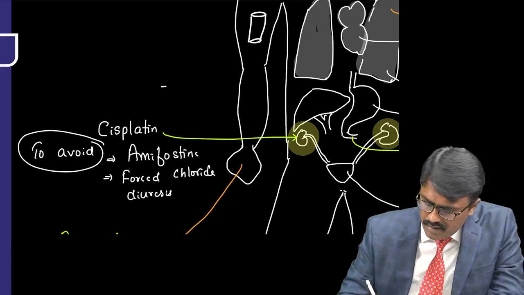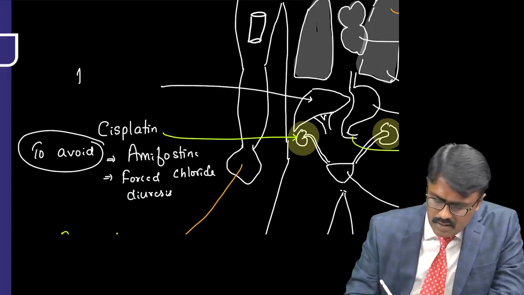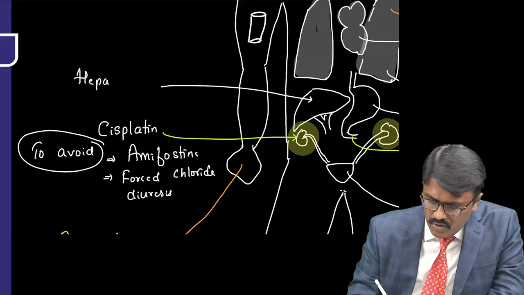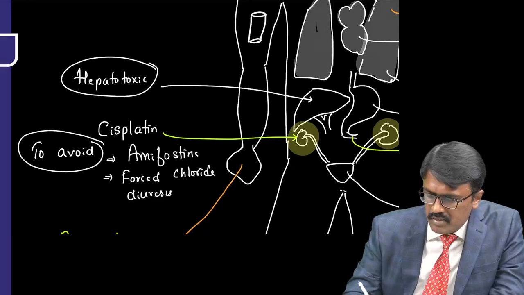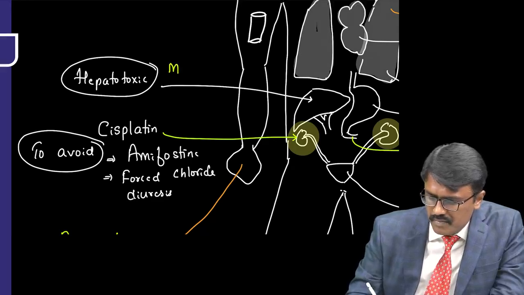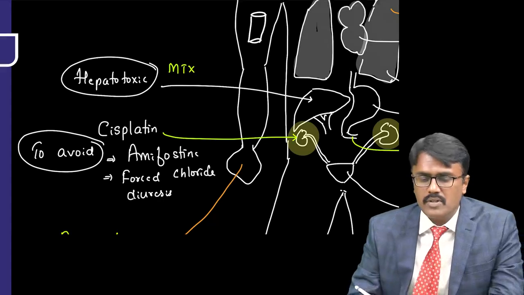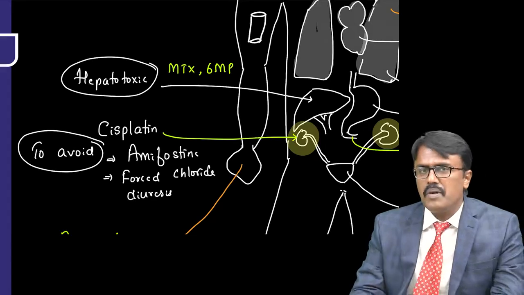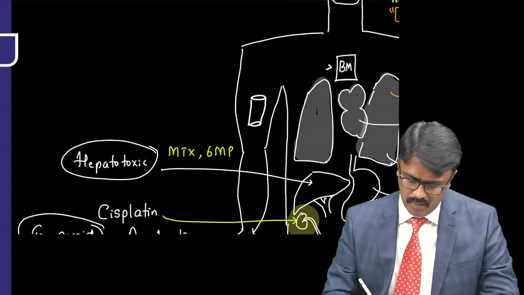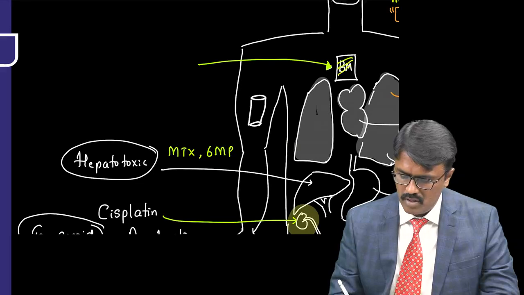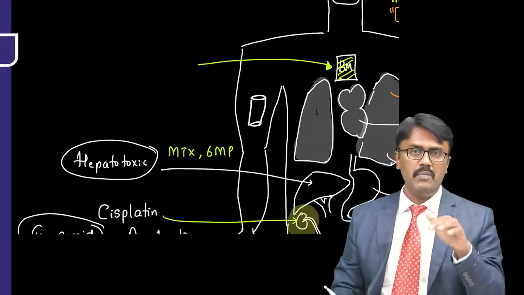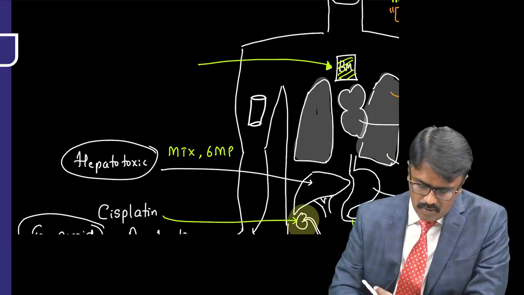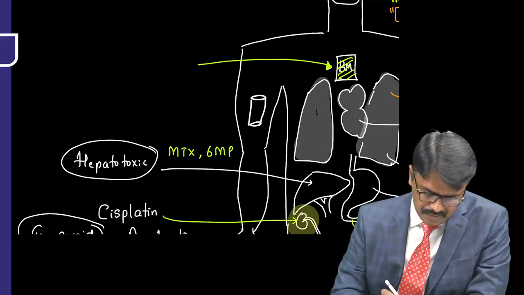Now you can see the liver. What drug is hepatotoxic, what drug comes to your mind? The main drug which should come to your mind is methotrexate. Methotrexate can cause hepatotoxicity, and one more is 6-mercaptopurine. So that also starts with M. Now coming to the bone marrow. Most of the drugs we use are bone marrow suppressants. Now what is the bone marrow sparing drug?